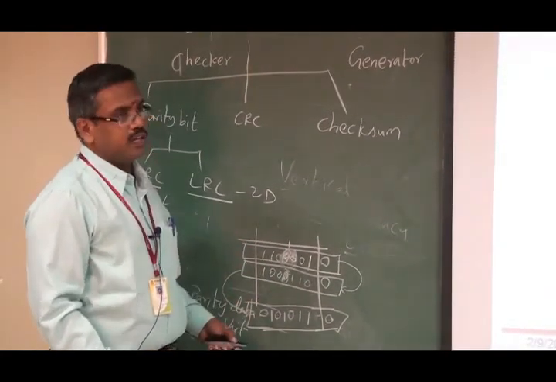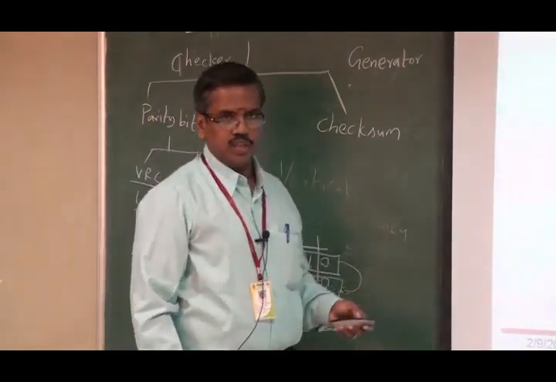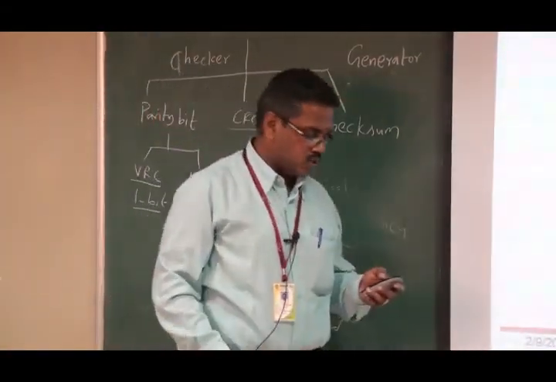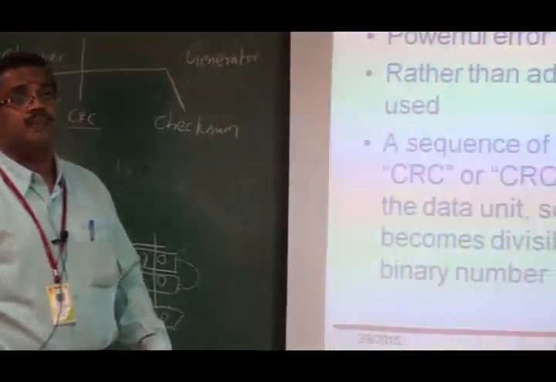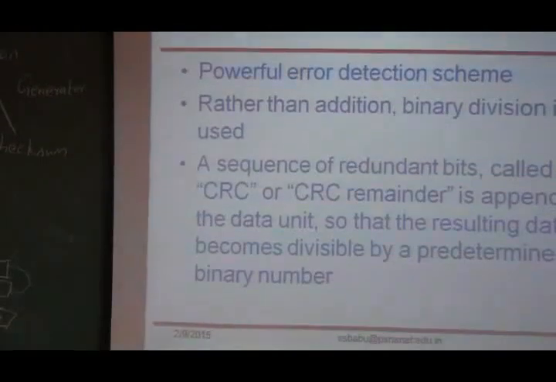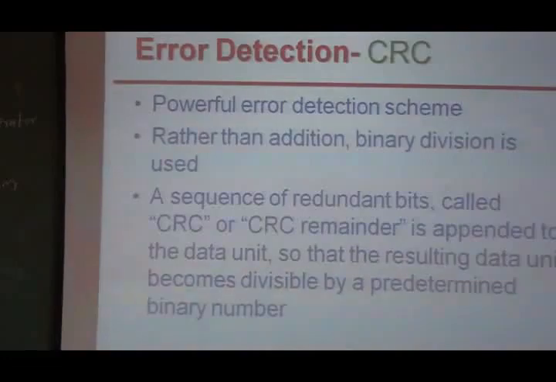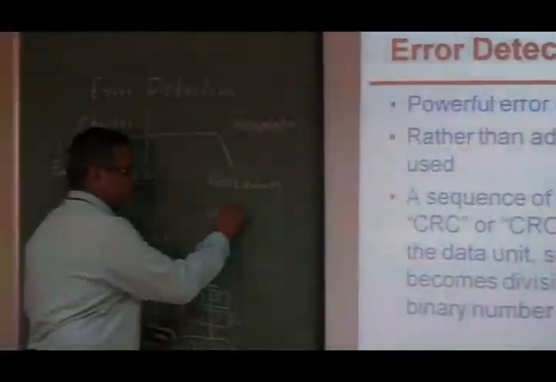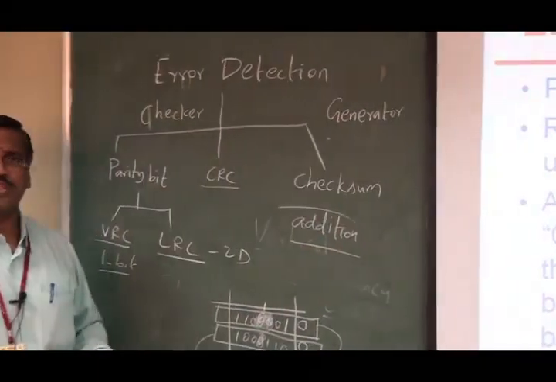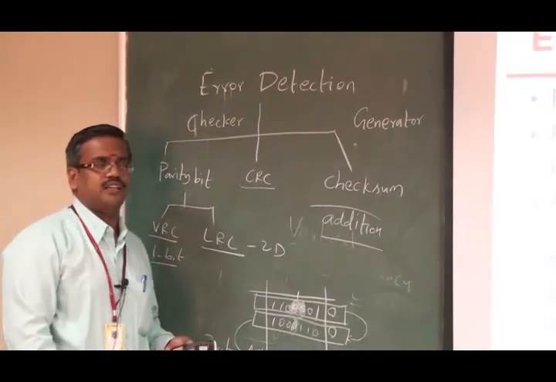This drawback can be overcome using another technique, that is CRC, cyclic redundancy check. So what so far we have been using is everything based on parity, odd parity or even parity, and also performing addition. These are the simple things to detect errors.